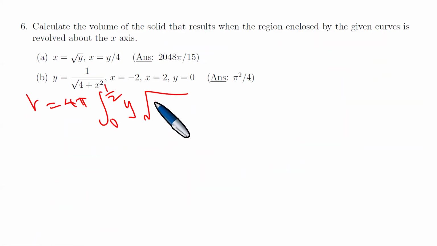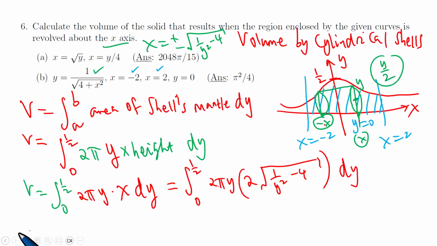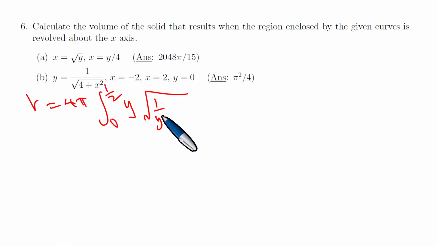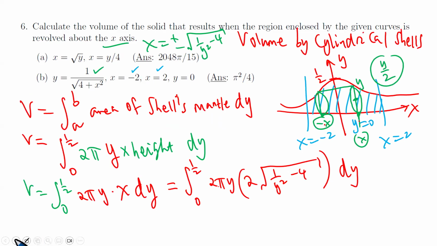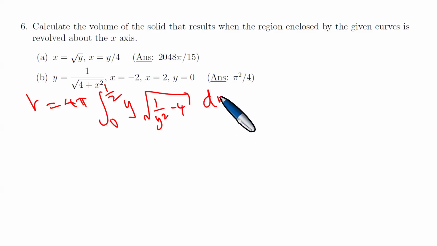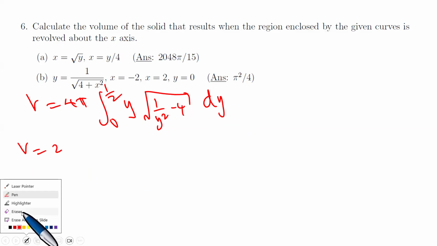Then you have the square root of 1 over y squared minus 4, and then dy, like this.